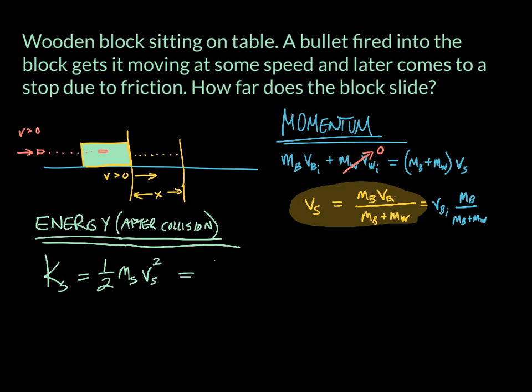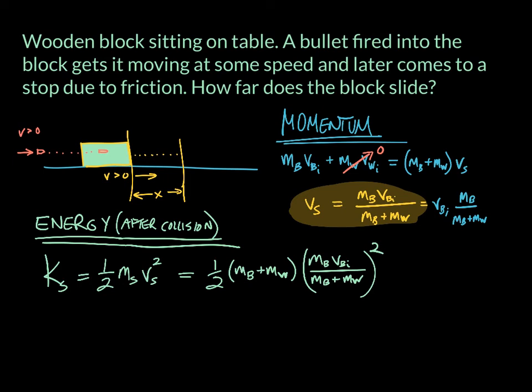So 1/2 mass of the system, which was m_b plus m_wood, times the speed squared. And so that's going to be what we just solved for, m_b initial speed over m_b plus m_w, all of that squared.